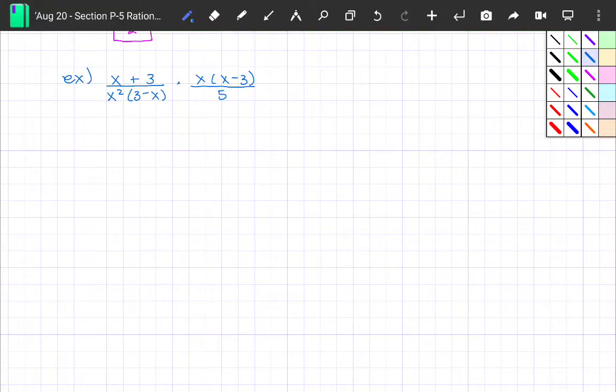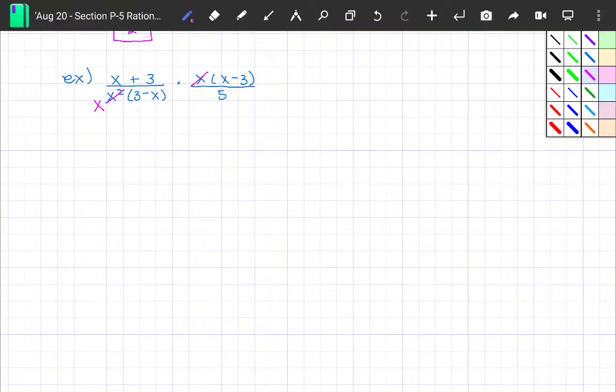It's already factored. So I could just go on now and start canceling. So I can definitely see that there is an x in the numerator that's going to cancel out with one of those in the denominator. And, well, that looks like it. I mean, yeah, I've got an x minus 3 and a 3 minus x. They're really close, but close is not quite enough.